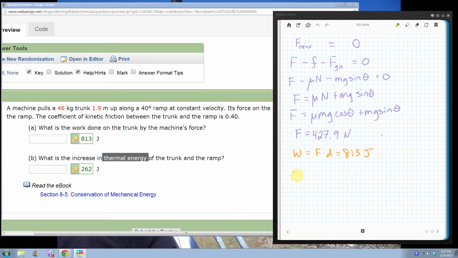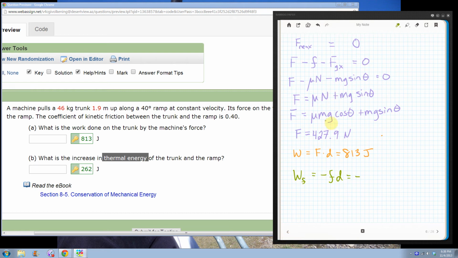So the work done by friction is going to be negative friction force times distance, where the force is friction. I'm doing negative because, again, friction is down the slope, but the thing moved up the slope, so F and d are anti-parallel. Okay, we already found friction.